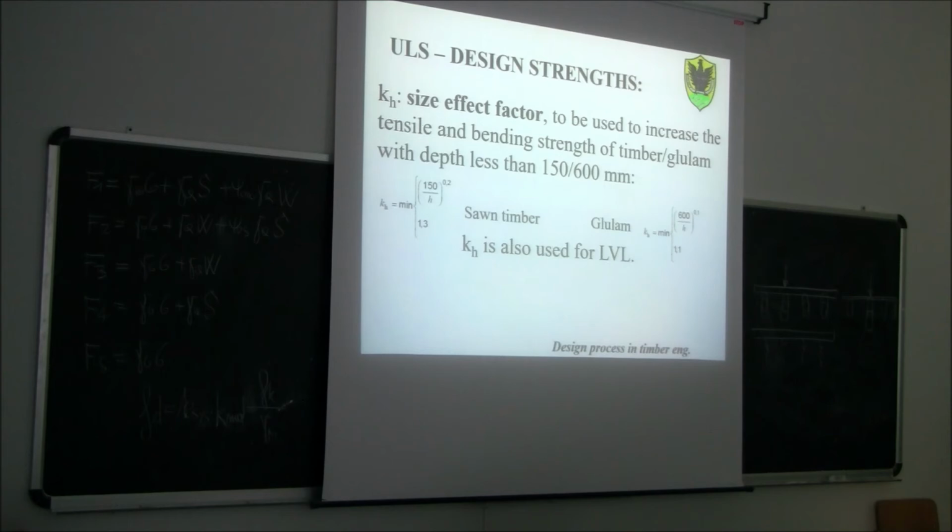So if we have some timber where the depth is less than 150 millimeter, then we can increase the strength using this k_h factor up to 1.3. Instead, if we have a glulam beam with depth less than 600 millimeter, we can increase with this factor here, which is up to 1.1.